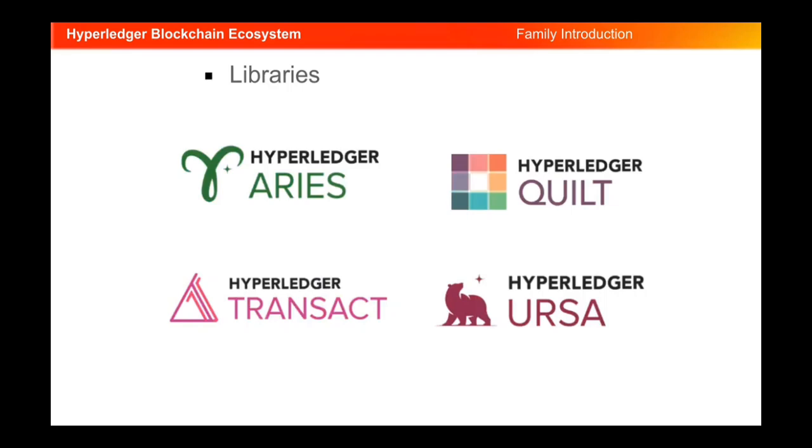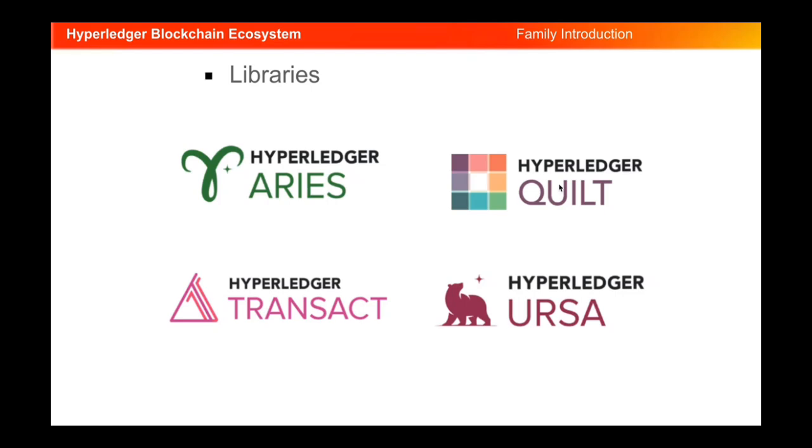In the libraries category, we have Hyperledger Aries. This provides a shared, reusable, interoperable toolkit designed for initiatives and solutions focusing on creating, transmitting, and storing verifiable digital credentials. Hyperledger Quilt.